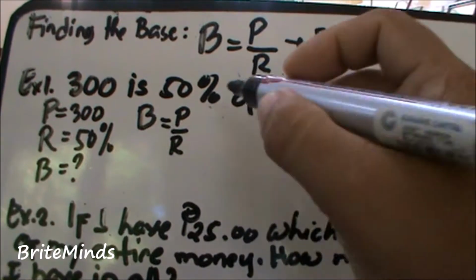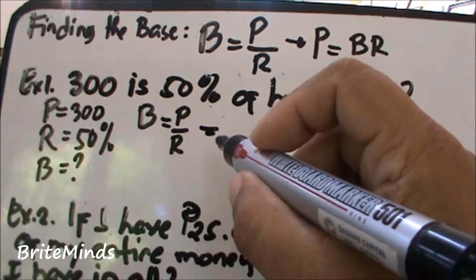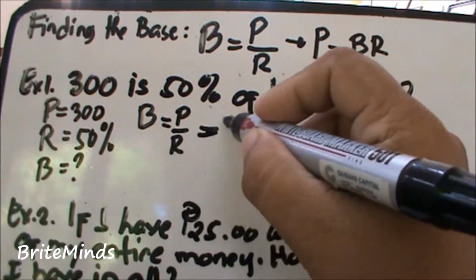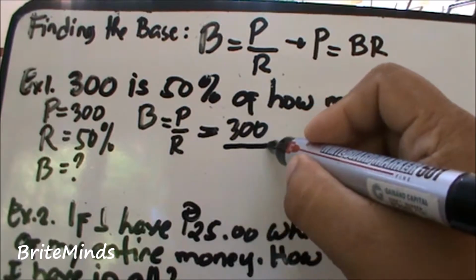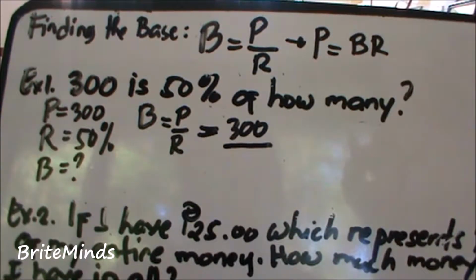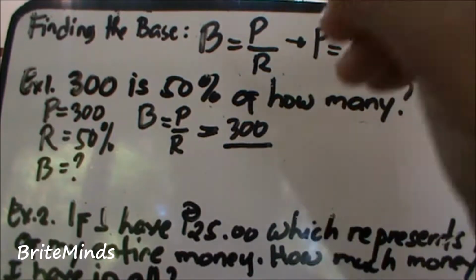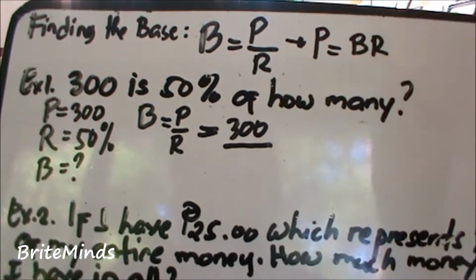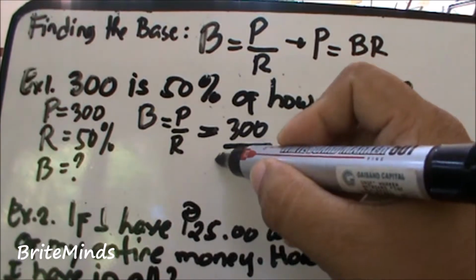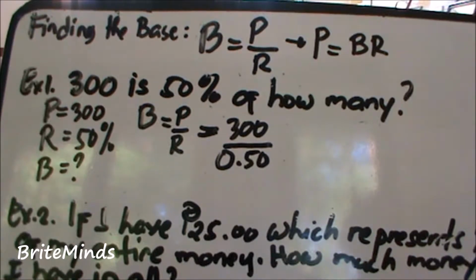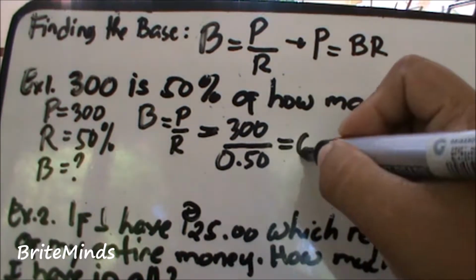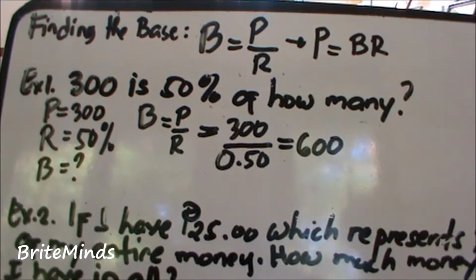we have our percentage is 300, and our rate is 50%. So we can convert this 50% into decimal form. So it will be like this: 300 divided by 0.50, it will be 600.